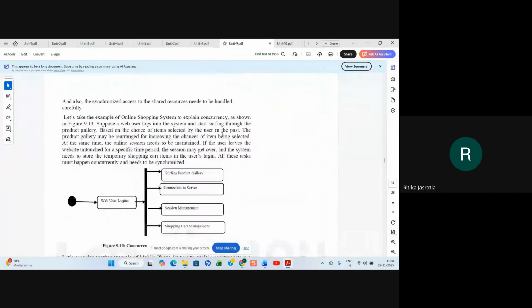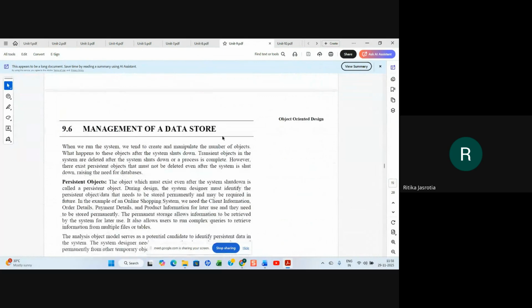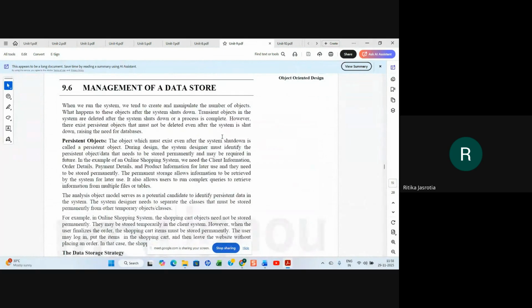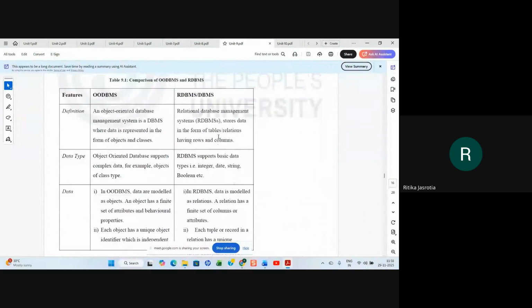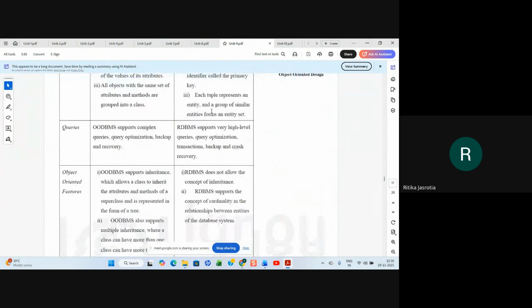So if you are asked a question about concurrency, it is in block 3, unit 9. Management of a data store, object oriented database, DBMS and RDBMS relation.